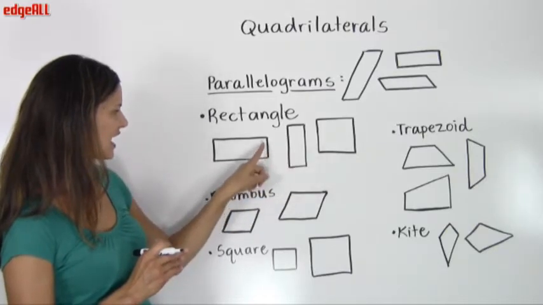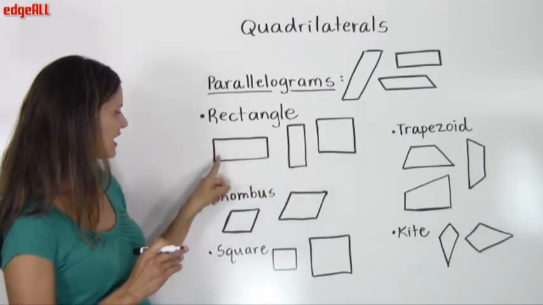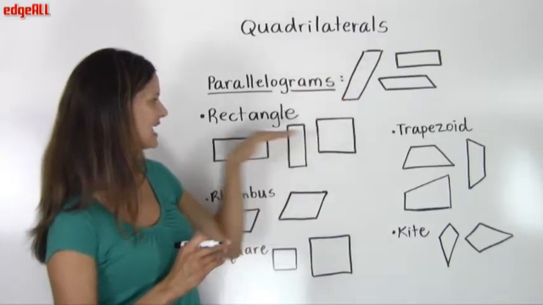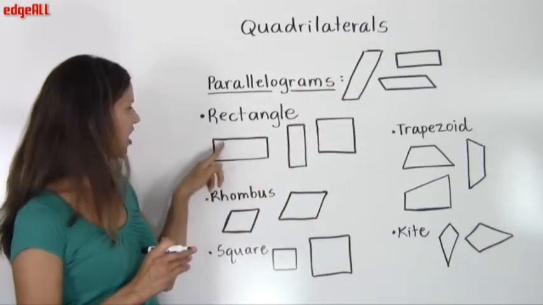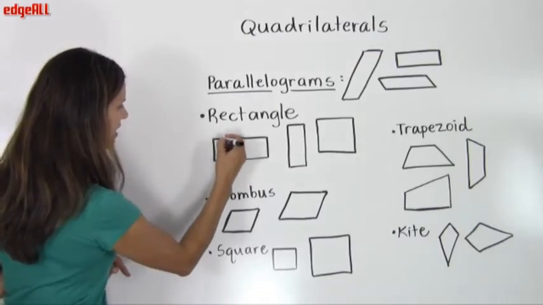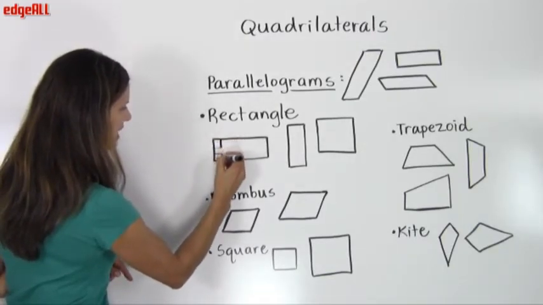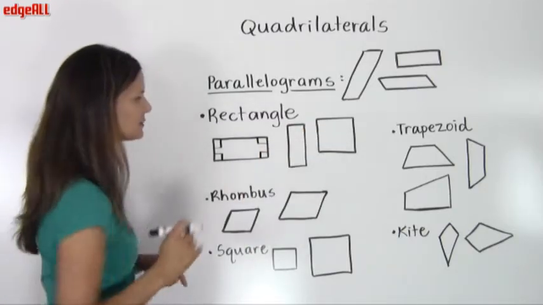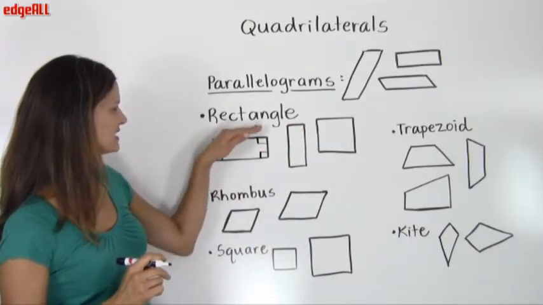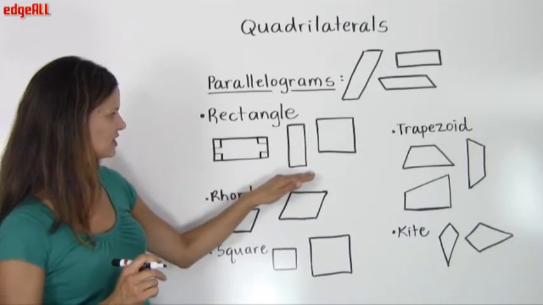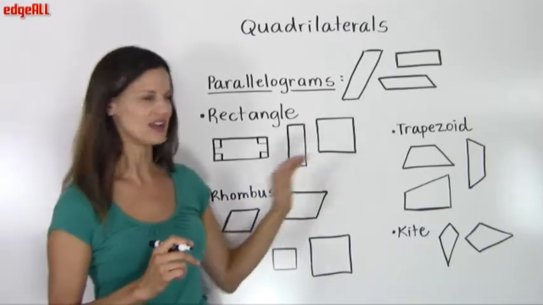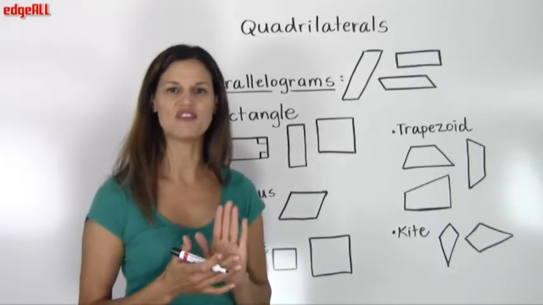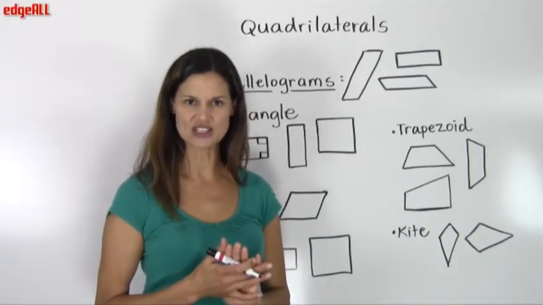You can see that all 4 of the angles are right angles, so I don't have any slanted lines in my rectangles. All 4 angles are right angles. Sometimes you'll see those right angles with the little squares marking them in the corners, and sometimes you won't. But this is a rectangle, this one too, and this one's a rectangle as well. So a rectangle is a parallelogram with 4 90-degree angles.